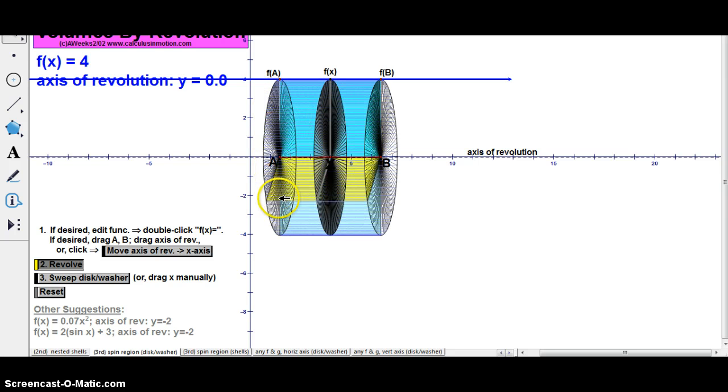Everyone see why the radius is our y value here? And our change in x will be our delta x. And so the y value for this one here is at a.